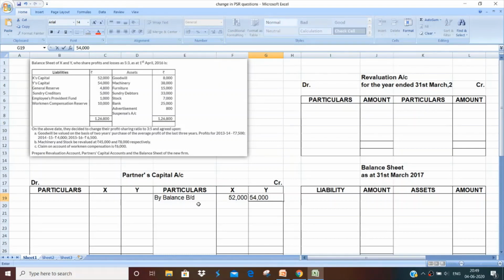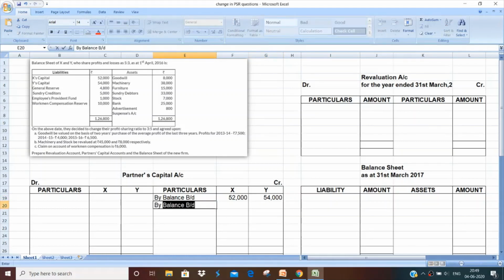Then move on to the reserves and the accumulated profits. We have three here: general reserve, workmen compensation reserve, and advertisement suspense. General reserve and workmen compensation reserve are given on the liability side. They have a credit balance. They should be written off by debiting them, and partners should be credited. So anything that appears on the liability side goes to the credit side of the partners' capital account.